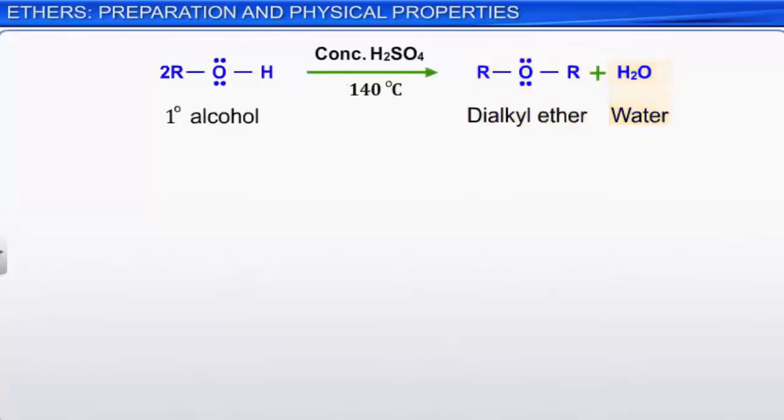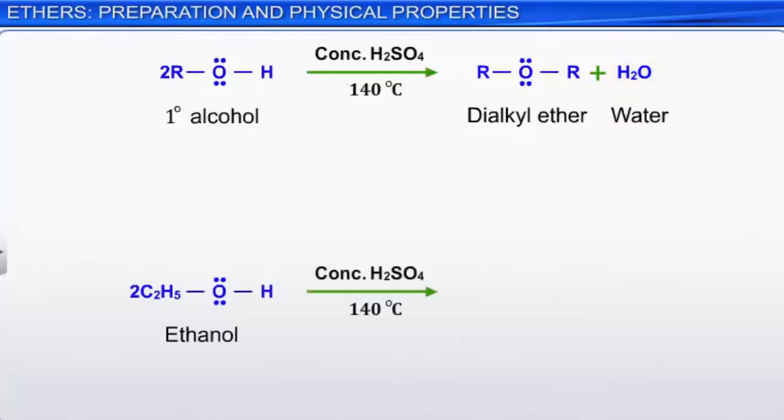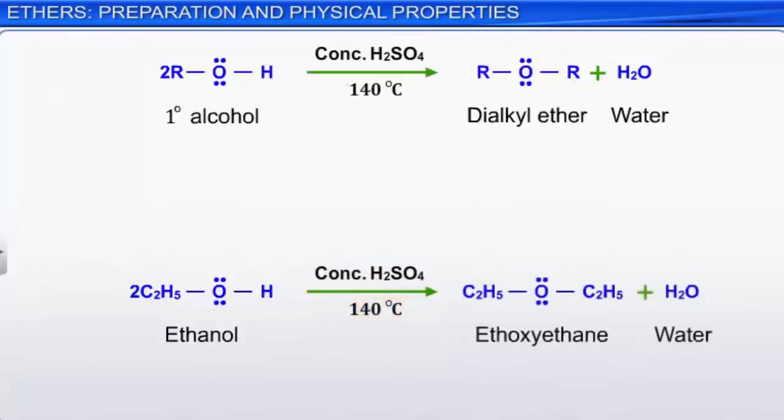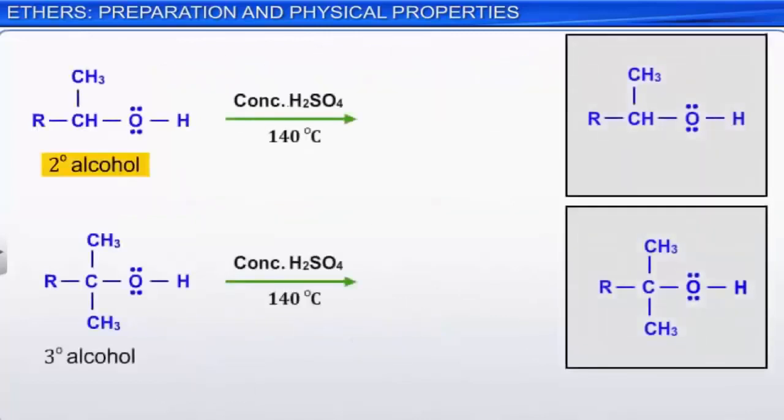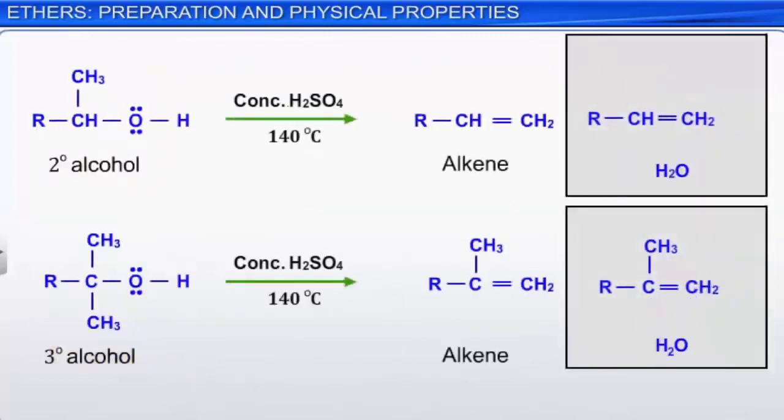For example, two molecules of ethanol undergo dehydration in the presence of concentrated sulfuric acid at 140 degrees Celsius to form ethoxyethane. This reaction does not work with secondary and tertiary alcohols.